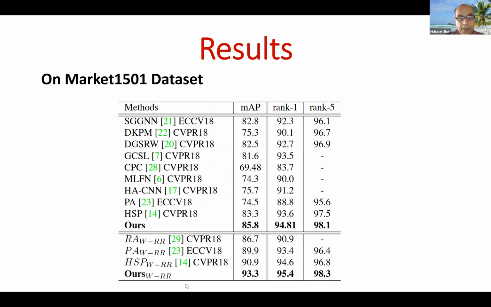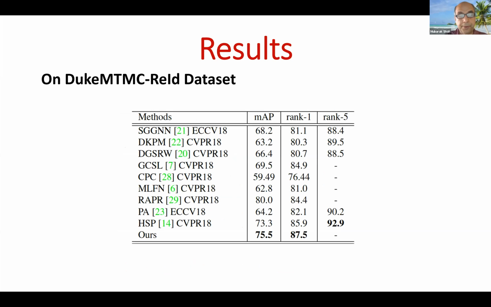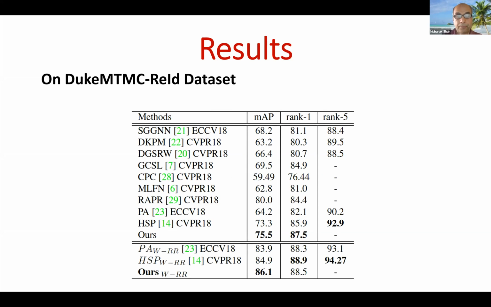This block here is a comparison with other diffusion-based methods, and on top of those we also get improvement, as you see. Same story for Duke, where here also we get some improvement.